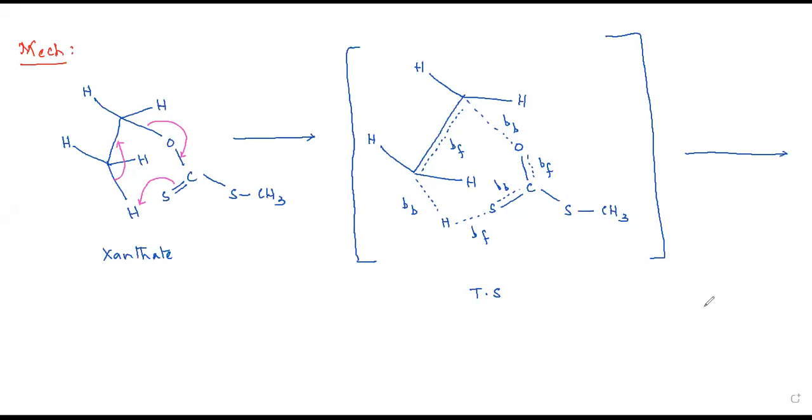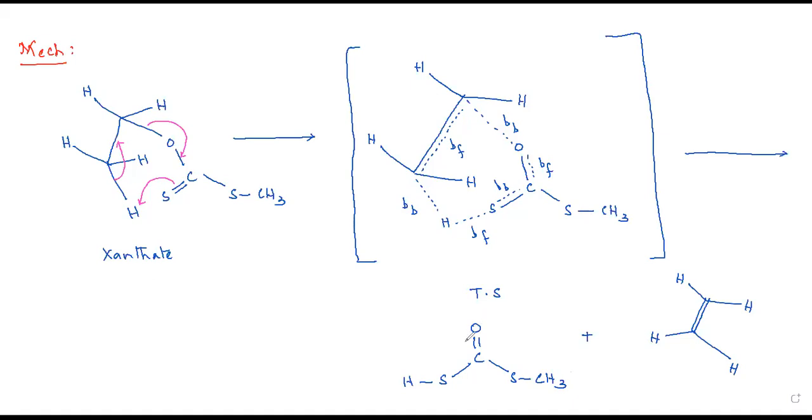Let us take the first one, the main product, ethylene, along with this, of course, we have a bond between SH, then only one bond, then C double bond O, then S, then CH3. One second. Yes, this is CH3.